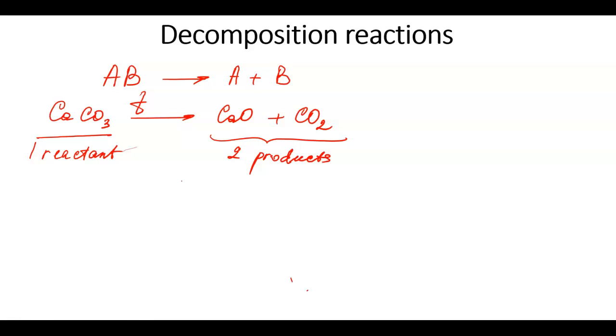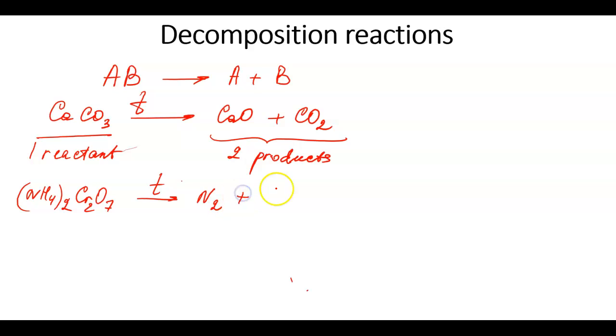Okay. For example, you have a link for a video experiment on the decomposition of this compound. So it's ammonium dichromate, and when you heat this compound, it decomposes into three substances. Okay, the first one is nitrogen, diatomic nitrogen.